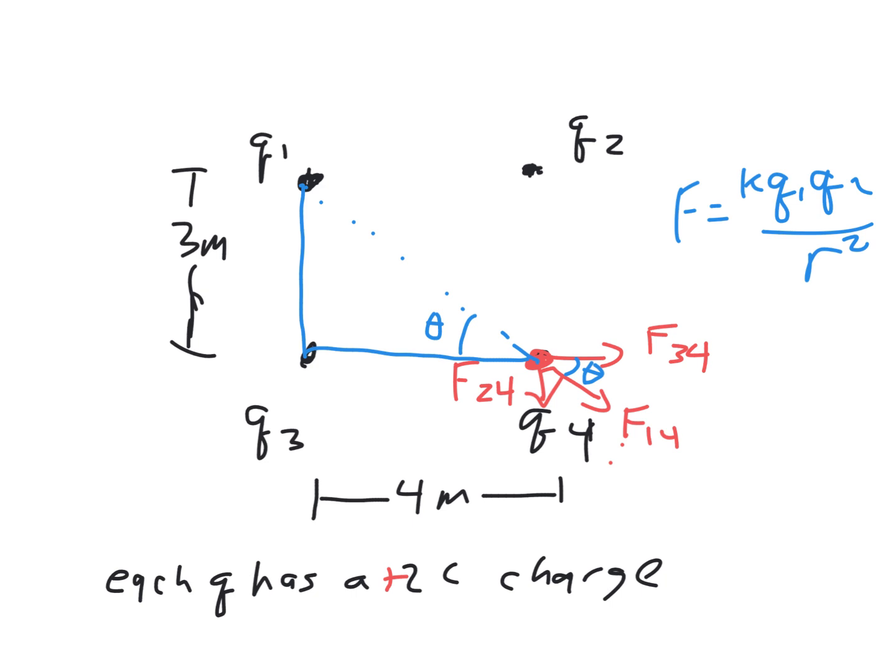And so that is how we apply Coulomb's law to these problems to get the magnitudes along with the directions. So now what do we do? We've got three different forces. We've got a force that's going to the right, we've got a force that's going down, and we've got a force that's going at some sort of angle theta.